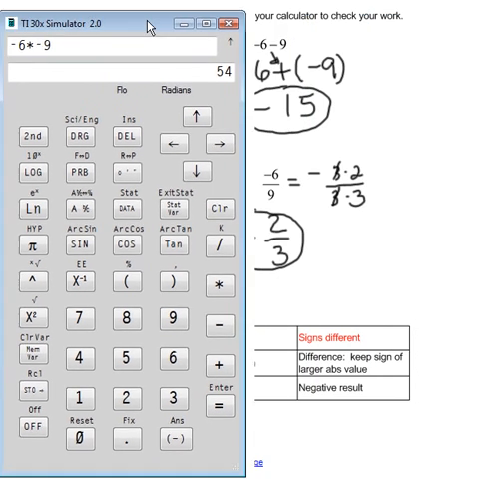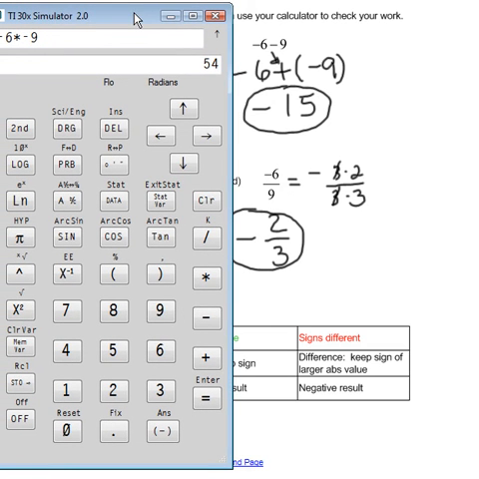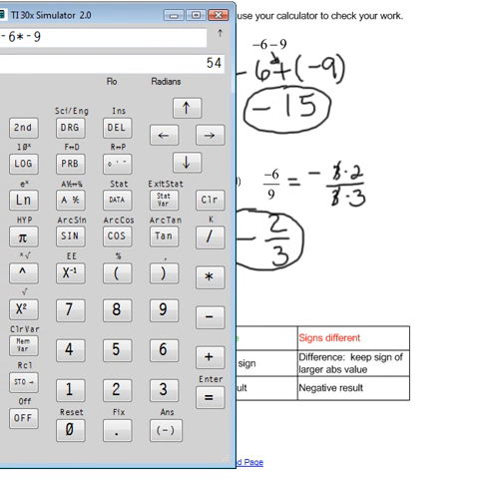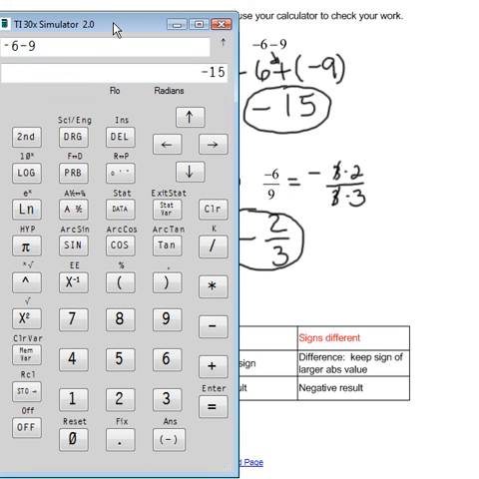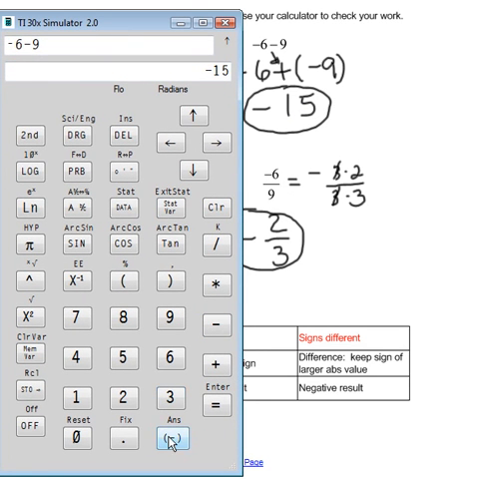Let's move the calculator over this way and check our other two problems. So -6 minus 9: -6, then we're going to use the minus over here, -9, equals -15, just like we saw. And for our last one, we've got -6 divided by +9, so I'm just going to divide by 9, and I'm going to enter it.